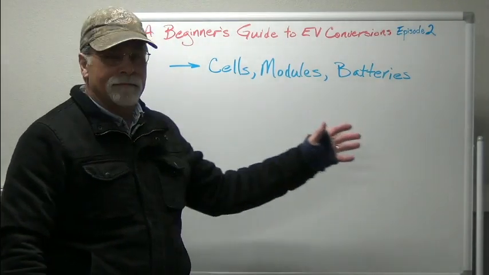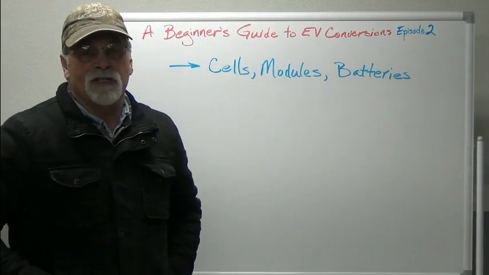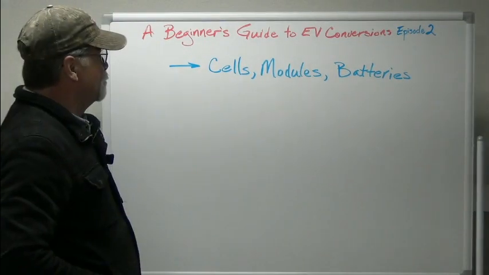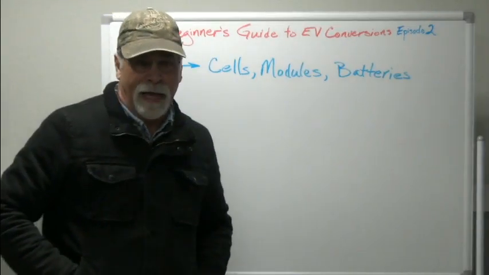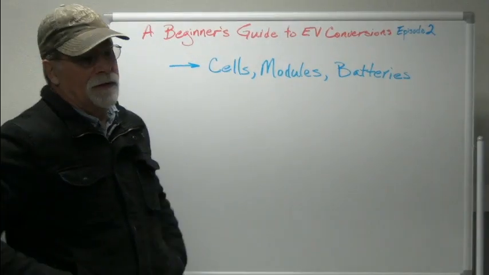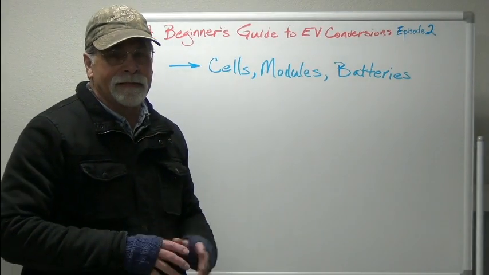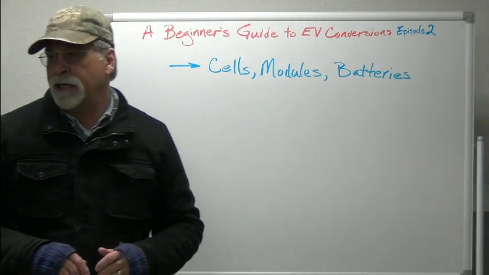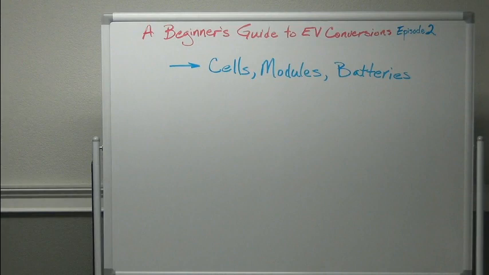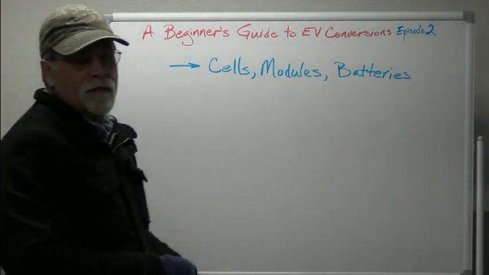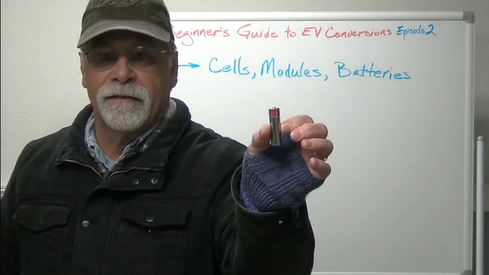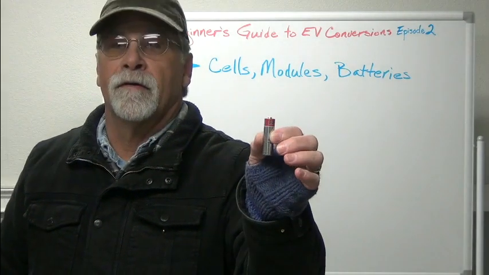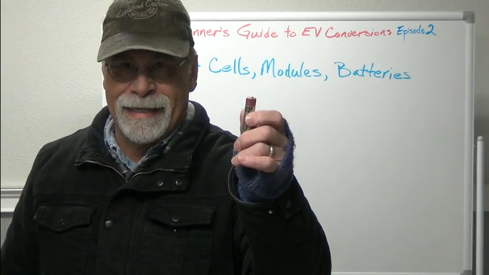They tend to be misused, and people will talk about cells as batteries and so forth. So let's just get it clarified from the get-go. So this is a AA tri-cell, what people will call a battery. It's not.